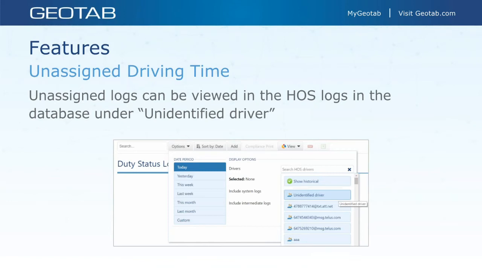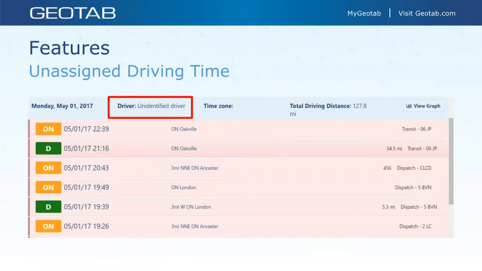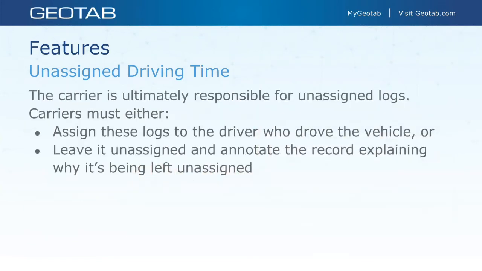Unassigned logs can be viewed in the HOS logs that's on the admin side in the database under unidentified driver. So with the ELD mandate, there are going to be these unidentified, unclaimed logs. There's basically one of two things that needs to happen. Either the driver needs to claim those logs, or the carrier needs to assign those logs to a driver, or the carrier would leave it unassigned and annotate the log as to why it's being left unassigned.